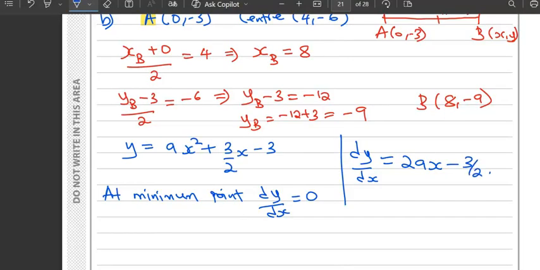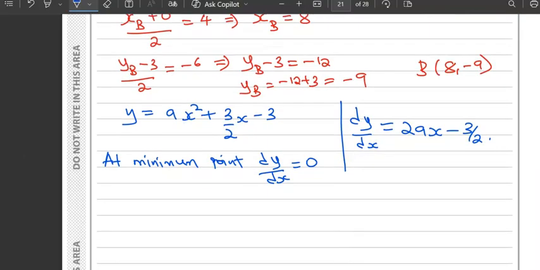Then we can set the gradient function to 0. So we'll say that 2ax minus 3 over 2 is equivalent to 0. But remember, we are told that point B is the minimum point. So at point B, the value of x is simply equal to 8.